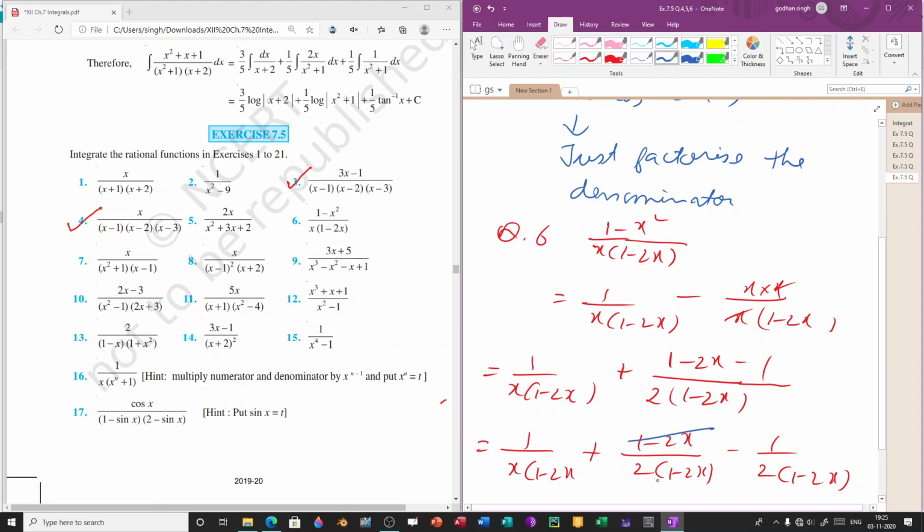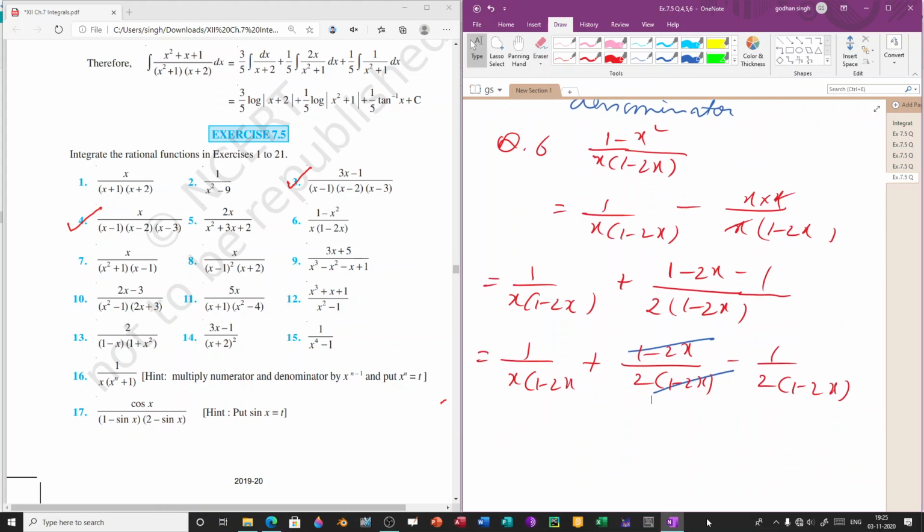1 minus 2x and 1 minus 2x will be cancelled out, and if we solve this we get 1 by x into (1 minus 2x) plus 1 by 2 minus 1 over 2 into (1 minus 2x).